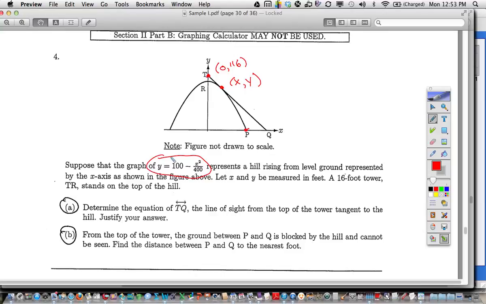If we have the equation of this line, we can let y be 0 and we can find where it crosses. Which is kind of cool because that actually is what we're going to be talking about today. We're going to talk about where tangent lines cross the x-axis. So a tangent line crosses the x-axis when y is 0. So once you write the equation of the line, you let y be 0, you solve, and you'll have that point, and then you'll know how far it is in between them. And that's what they want. So the whole key is we got to find out where this point is touching the parabola.